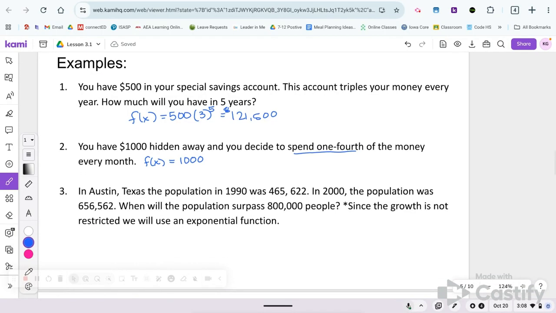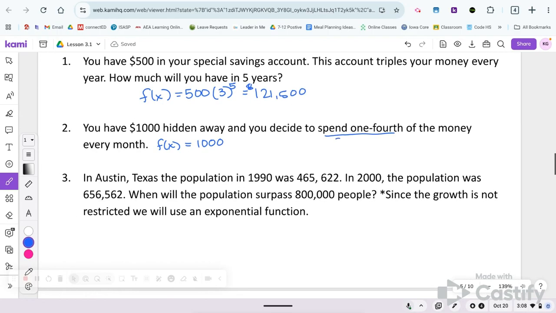Okay, I just realized I shut the mic off, so I don't know how much of that you heard. Still learning here. So if I'm going to spend 1/4 of that money, that means I'm going to leave 3/4 of the money in my account. So 3/4 of the money. And every month, we don't know the time, so I'm just going to leave it as x.